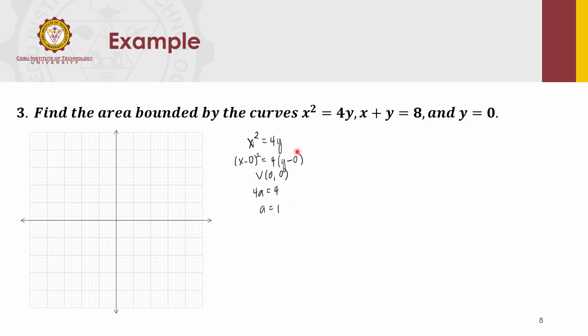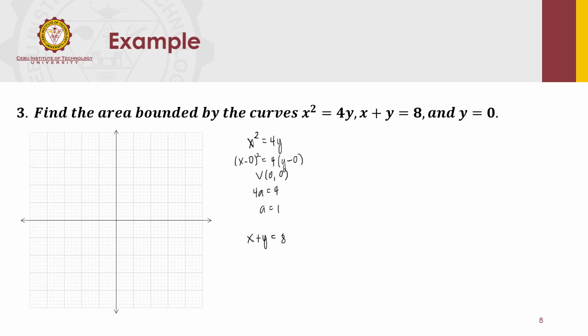And then we have x plus y equals 8. So it's a line, the equation is linear. So if we graph that, it forms a diagonal line. We need at least 2 points to form a line, so the faster way is to get the intercepts.